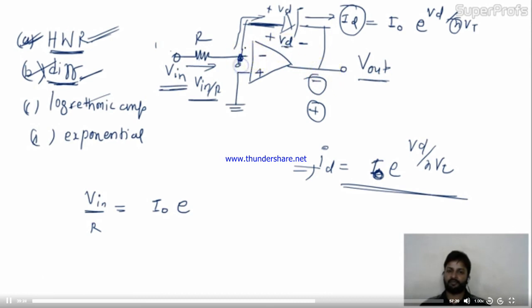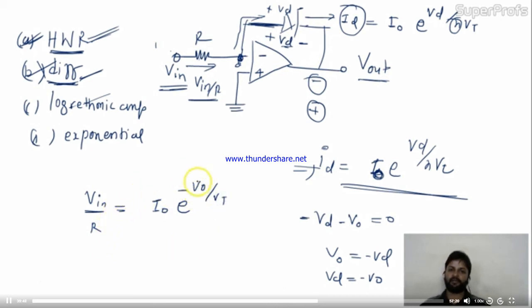Let me start from 0. From 0 I'm getting minus Vd. I'm terminating at V naught. It will be minus Vd minus V naught equal to 0, so V naught equal to minus Vd. So Vd equal to minus V naught. So instead of using Vd, I can use minus V naught over here, and this is Vt.